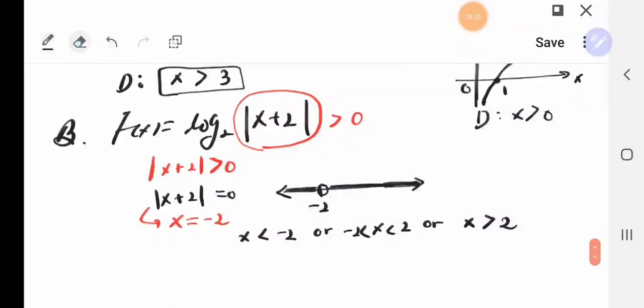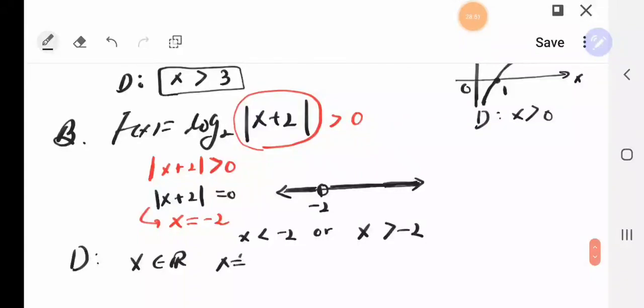So x is less than negative 2, or x is greater than negative 2. So the domain is all real numbers x except x equals negative 2.